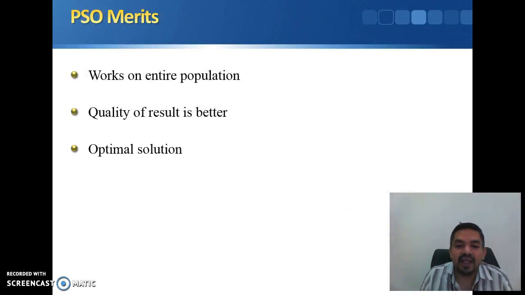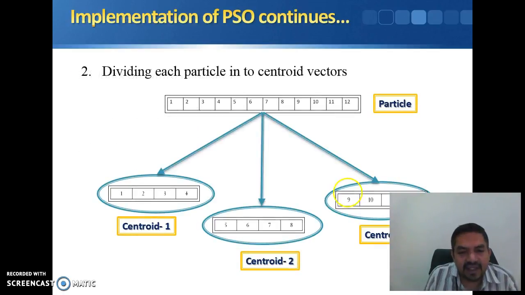Now apply the algorithm on these particles as in the K-means algorithm, go through all the operations of K-means, and finally I get one centroid value. Then do this for all the particles. Then go for the second iteration and compare the best values.